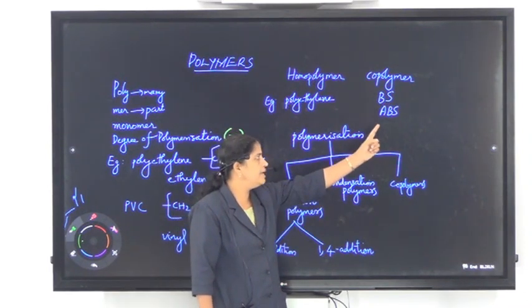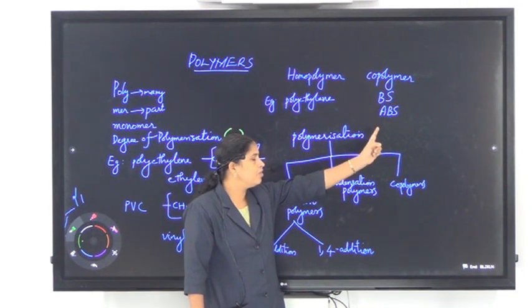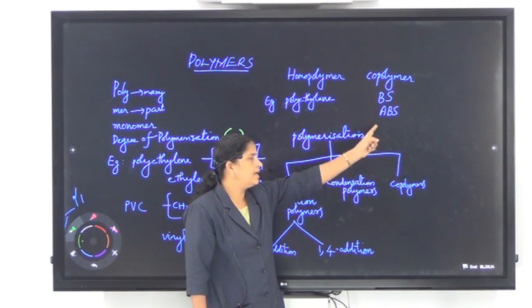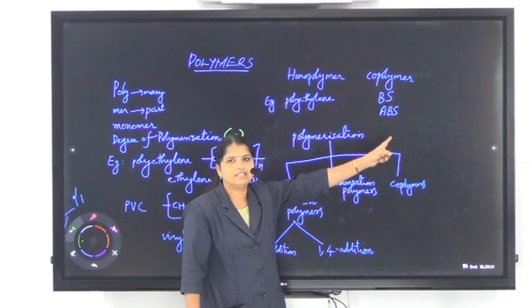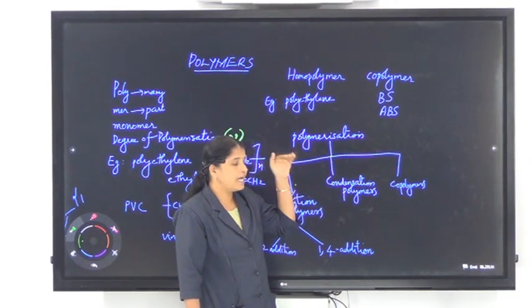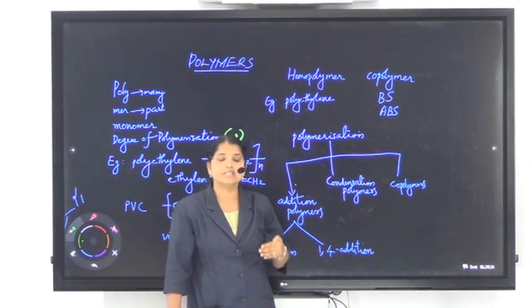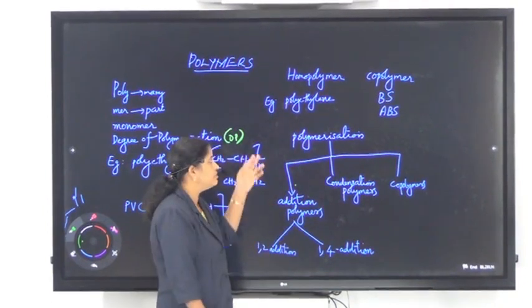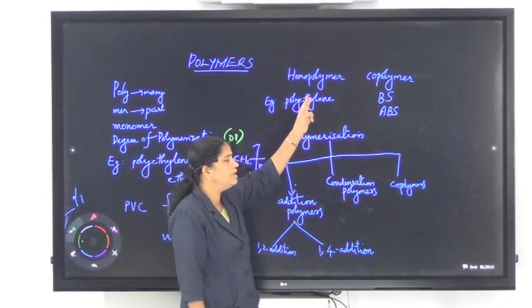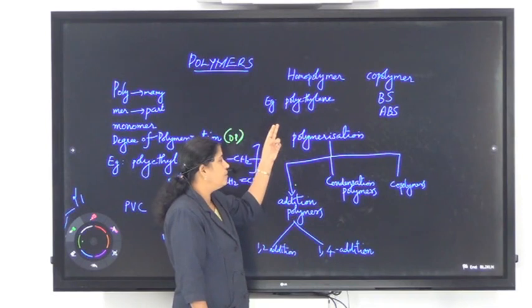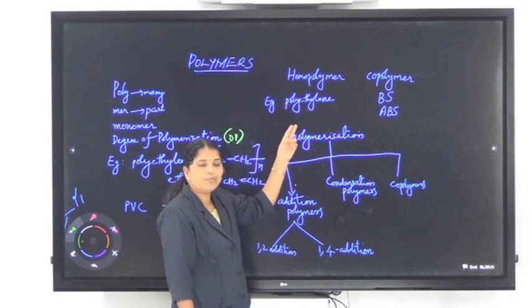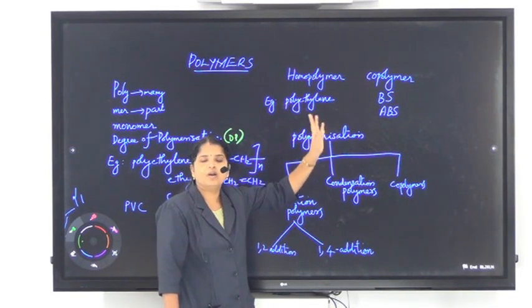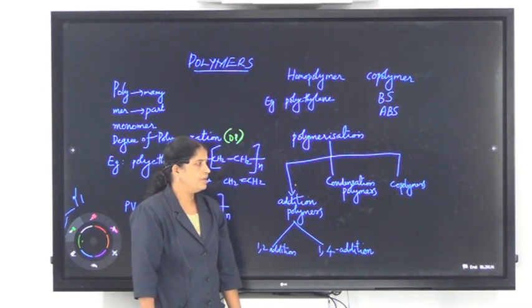Another example is ABS. In ABS, three monomers are present: acrylonitrile, butadiene and styrene. So depending on the type of monomer units present, there are two types of polymers, homopolymer and copolymer. Homopolymer contains the same type of monomer units, and copolymer contains different monomer units.